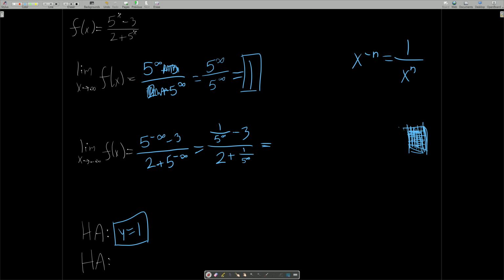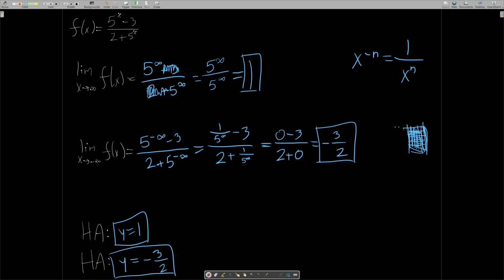This is your piece. You know, it's nothing. And so this number here, 1 over 5 to the infinity, is basically the same thing as 0. And so you get negative 3 halves as your second horizontal asymptote.